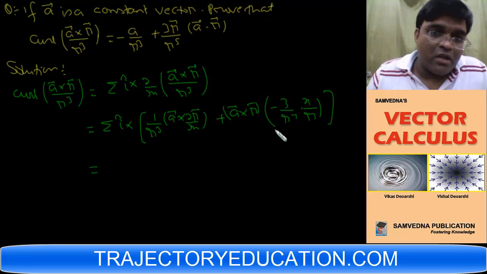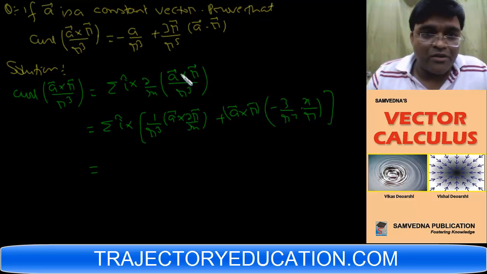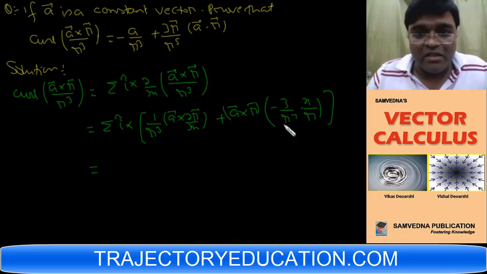Alright, you can have two steps over here. So I have differentiated A×R keeping 1/R³ constant, so 1/R³ d/dx of A×R will be A×∂R/∂x, which will be i in fact. And ∂/∂x of 1/R³ will be minus 3/R⁴ x/R. I hope by this time you must have got how to do this.